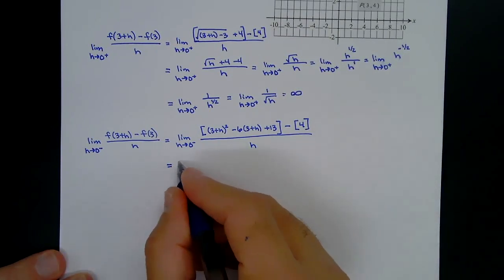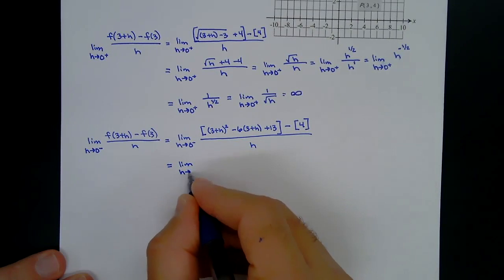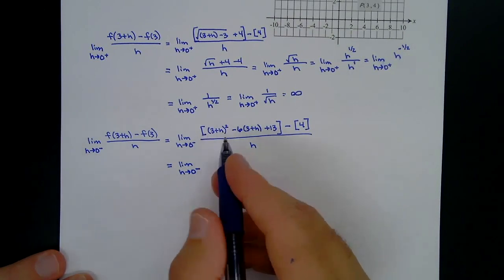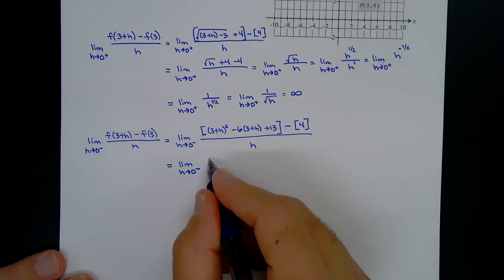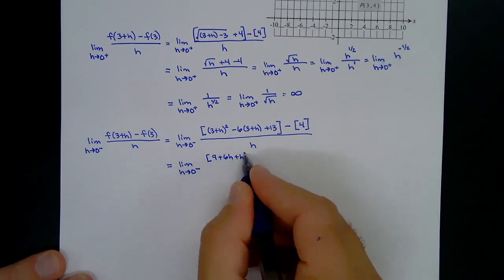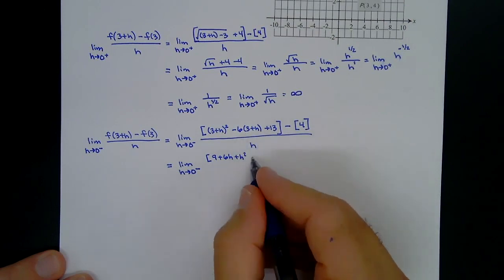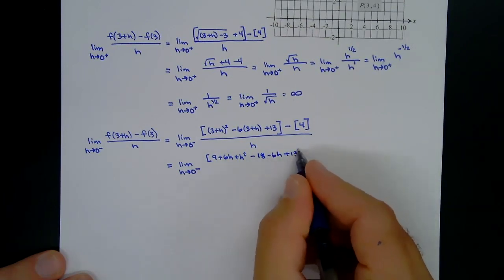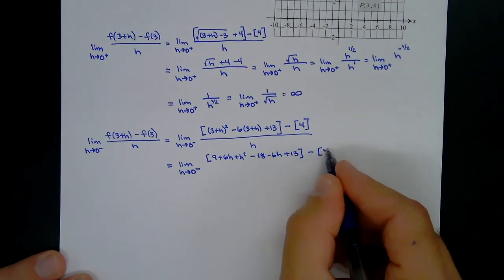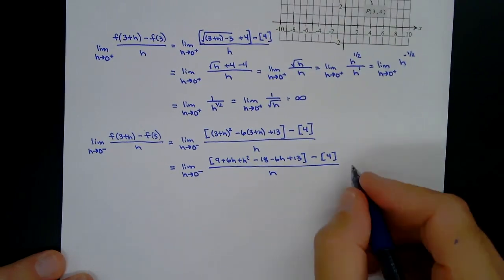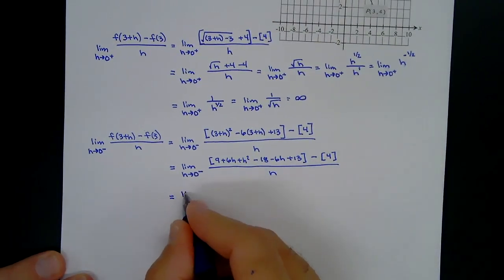So this becomes the limit as h approaches 0 from the left, I almost said right, of 9 plus 6h plus h squared, and this becomes minus 18 minus 6h plus the 13, and then minus the 4, all over h.